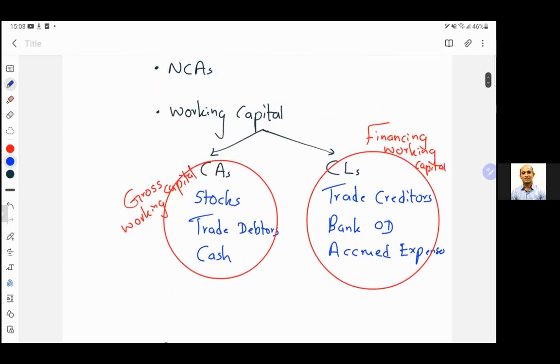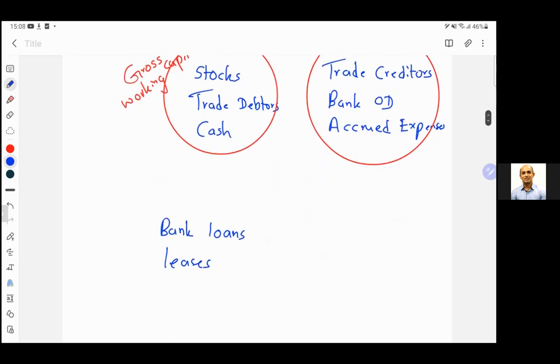For example, from bank loans, you buy property, plant, and equipment: machinery, land, building, motor vehicle. Through leases, you also buy property, plant, and equipment, like the more popular examples, motor vehicles and machineries.